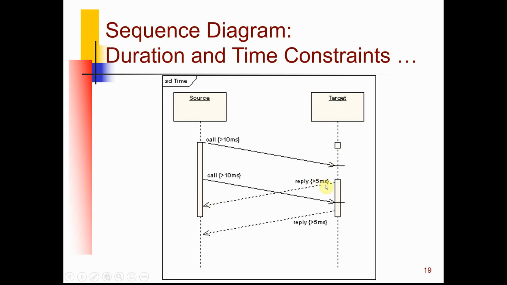So even though the target already gave you the answer, the answer will take time to arrive. Most of the time this won't happen, but in a really distributed system, where the function call across the internet or across different networks takes time, you can show that difference in the sequence diagram by adding this time constraint and duration.